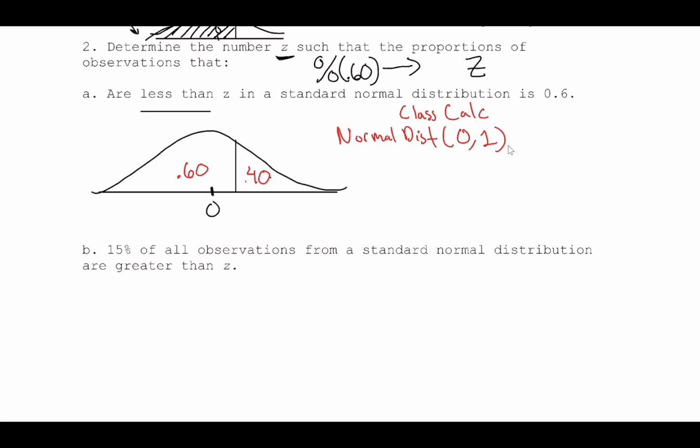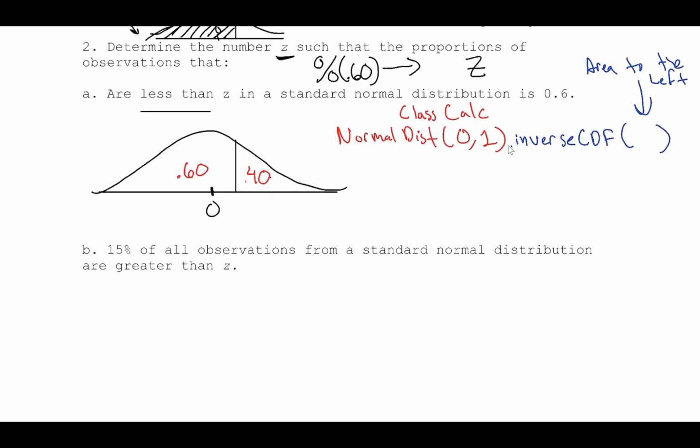What we're trying to find is the Z value. So anytime we're trying to find the Z value, you have to use the inverse CDF. One thing you have to remember for the inverse CDF is that you always have to give it the probability to the left of the bar that you drew.